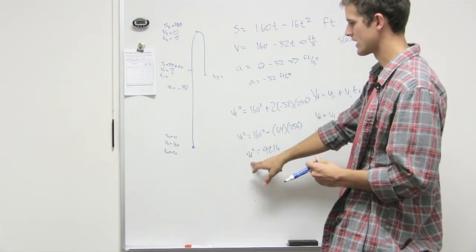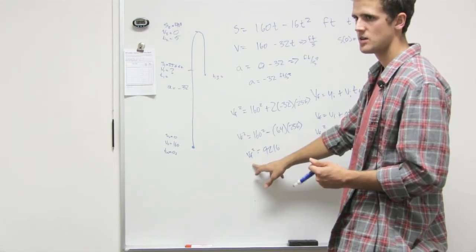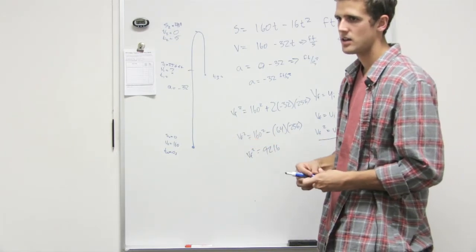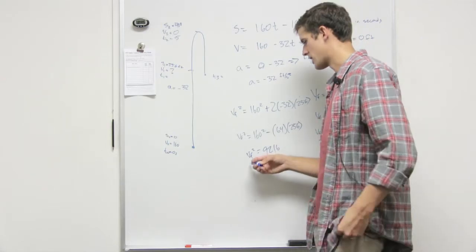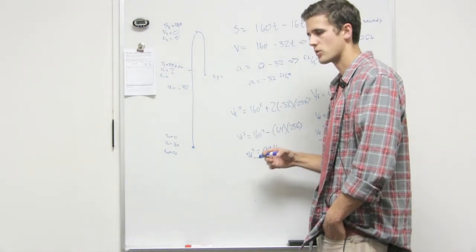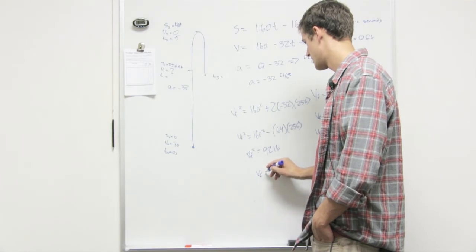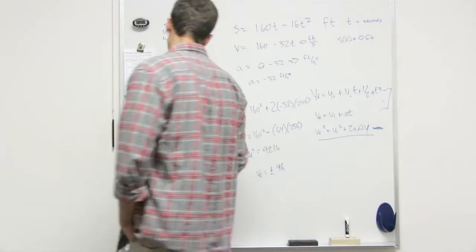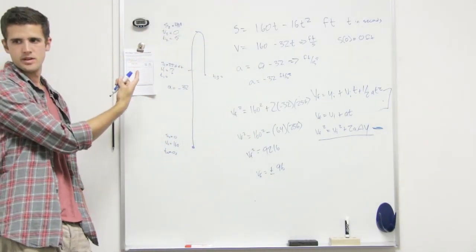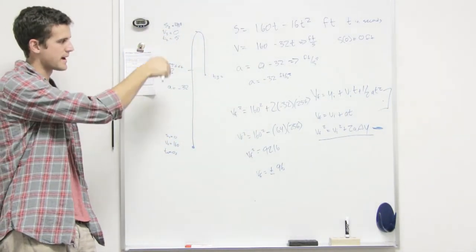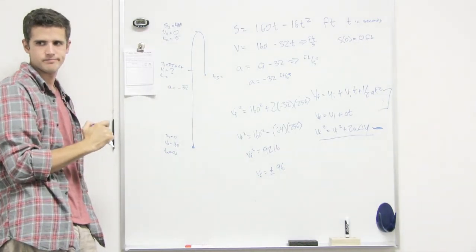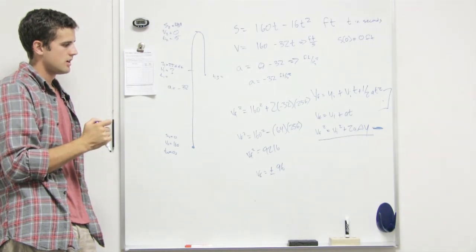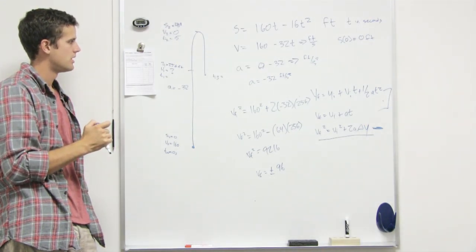So no matter what, you can't get your negative 96 out of this because velocity final is going to be squared. So when you plug it into this equation, it'll become a positive. So really, this gives you velocity final equals plus or minus 96. Mm-hmm. So you just come here and you say, well, on my way up, it's positive, but on the way back down, it'll be negative. Right. Okay.